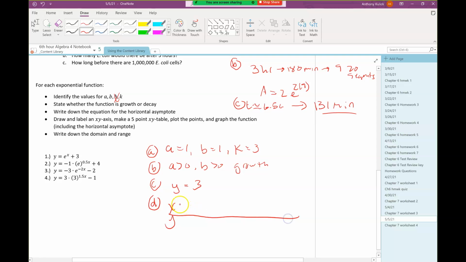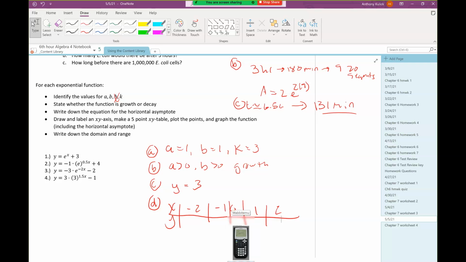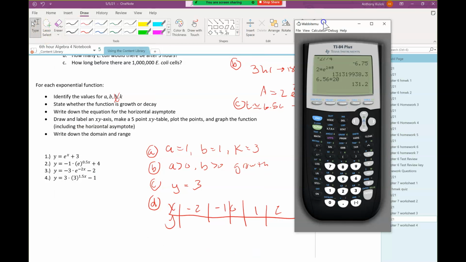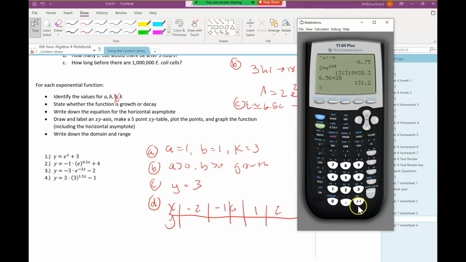And then my x's, for these ones with the e in it, I'm always going to just do -2, -1, 0, 1, and 2. And to find the y's, I'm just going to type this into my calculator. Wait, so what do you type in here for y?